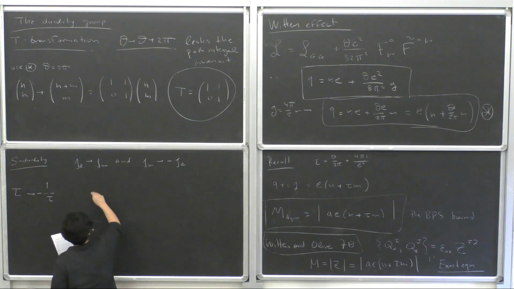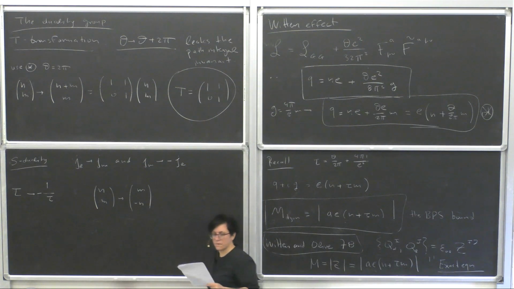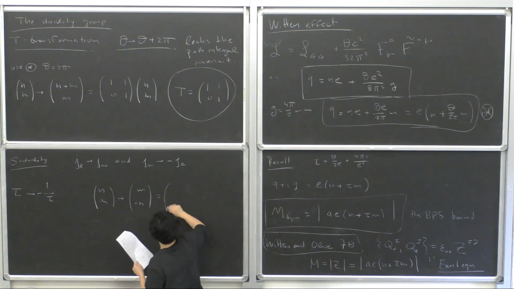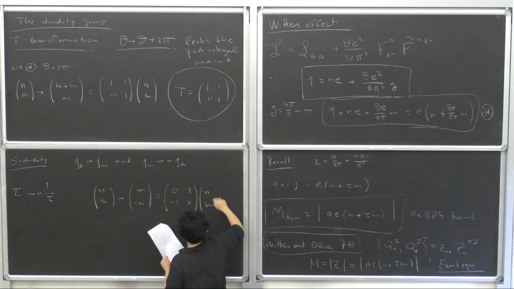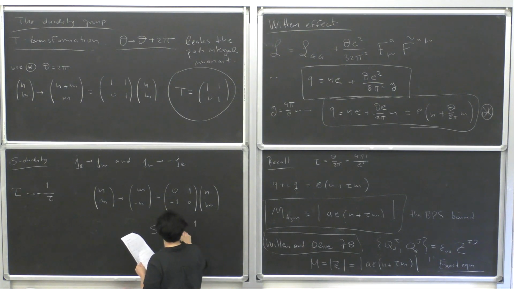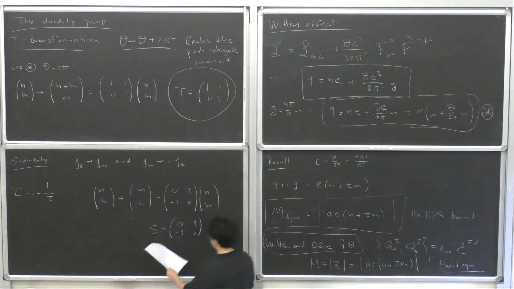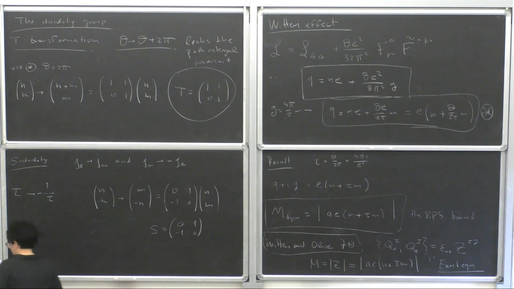And at the level of matrices, this goes to like this. And this is the S element, with a minus in one of the two entries. Yes? And the important thing is that these two guys together can generate for you a big group.